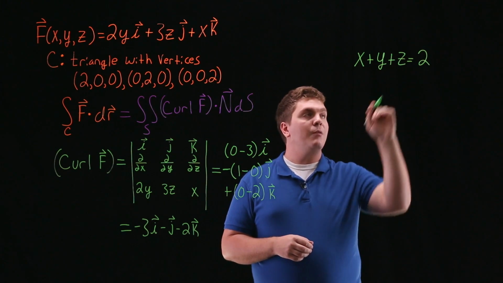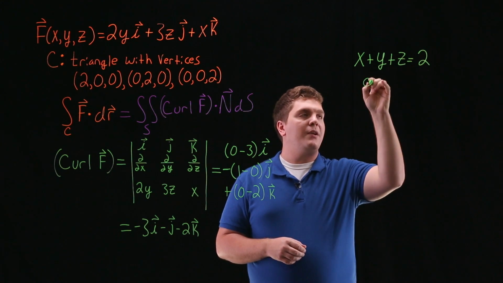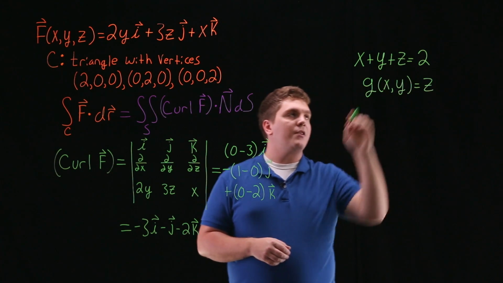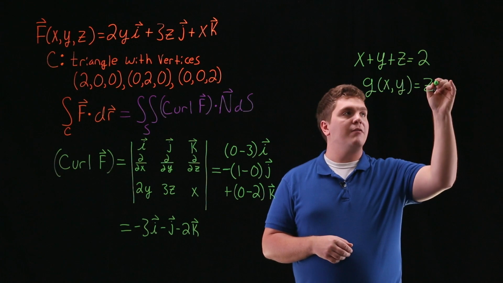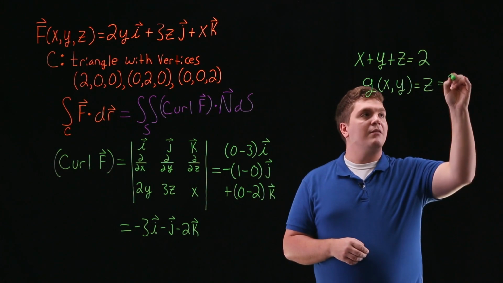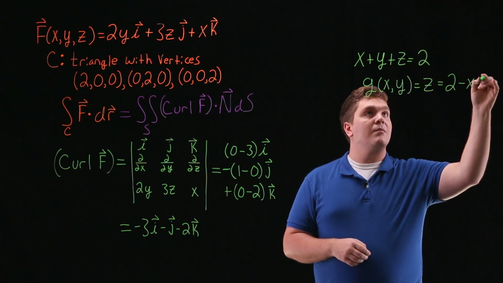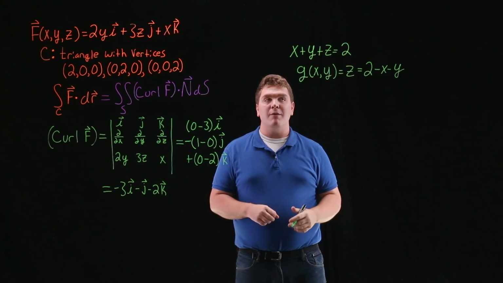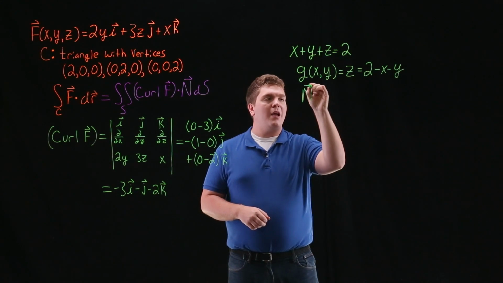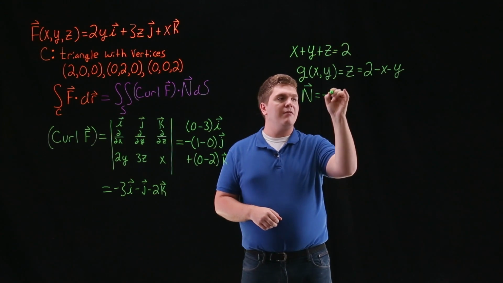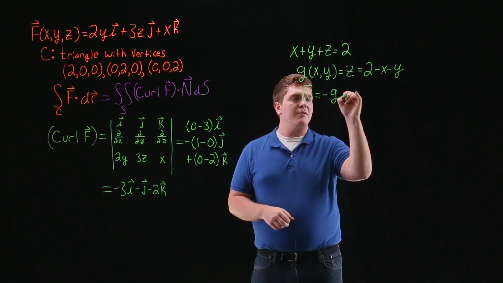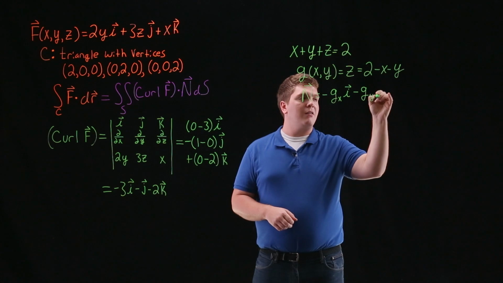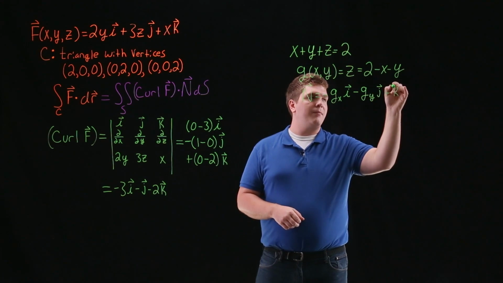Next we solve for z so we can obtain our g of x, y. We subtract x and y from both sides, so z is equal to 2 minus x minus y. Now we can write down our normal vector: n equals the negative partial derivative of g with respect to x times i, minus the partial derivative of g with respect to y times j, plus k.